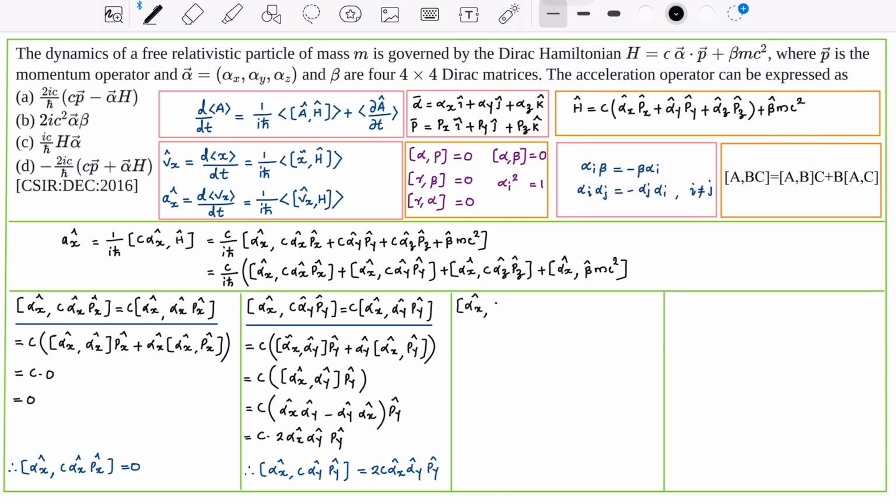Now let us evaluate the third term, the commutator of alpha x and c alpha z pz.